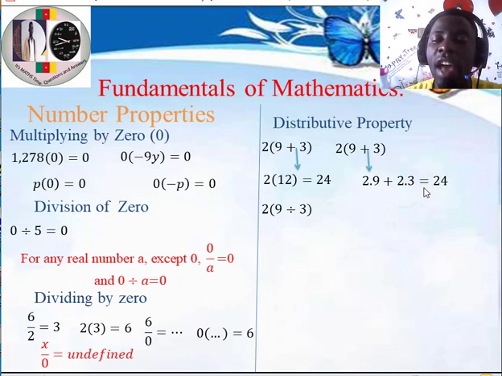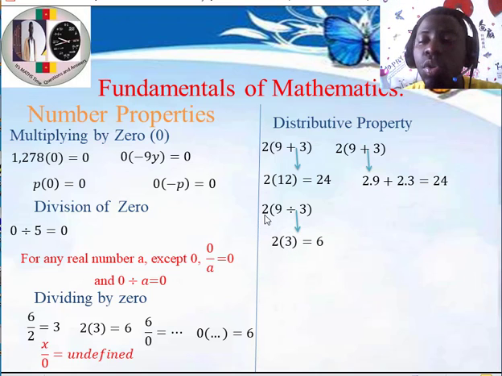Then 2 into 9 divided by 3. Let's look at it. If we are using the general rule, which is what we call the order of operation, then we are going to have 9 divided by 3 times 2, and 9 divided by 3 is 3, times 2, which is 6.